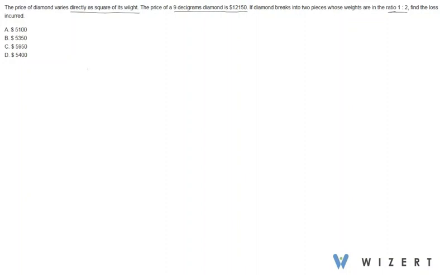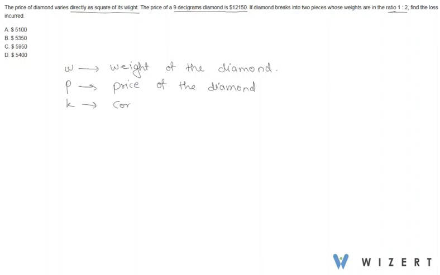So let W be the weight of the diamond, P be the price of the diamond, and K be the constant of proportionality. So according to the given condition, we have P is equal to KW square.